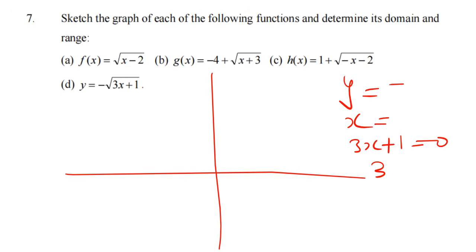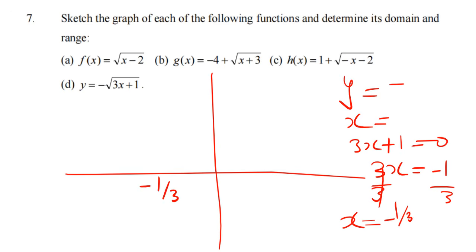So 3x is equal to -1. Then you divide by 3 on both sides, so x is equal to -1 over 3. Okay, so let me put -1 over 3 here.